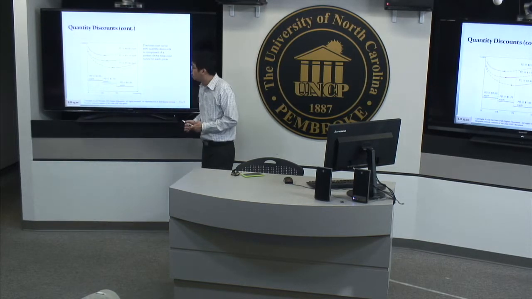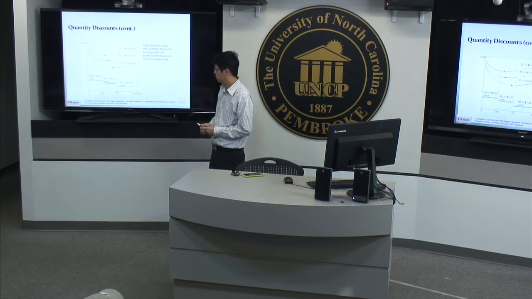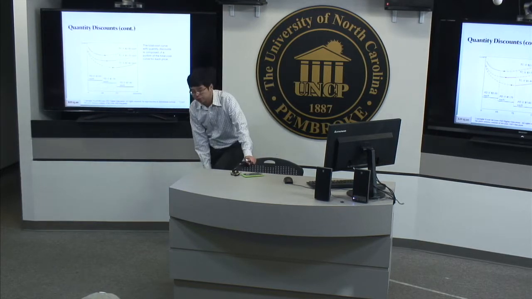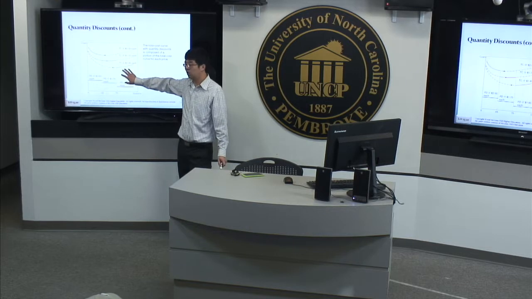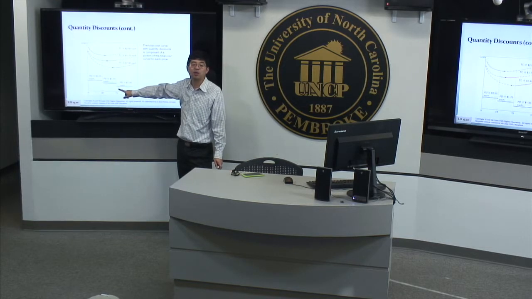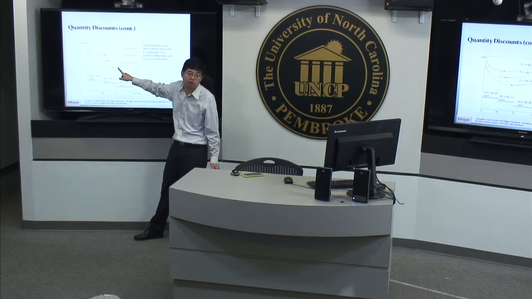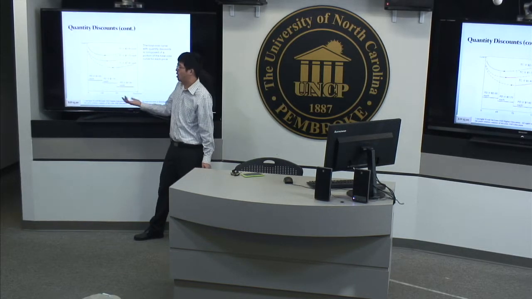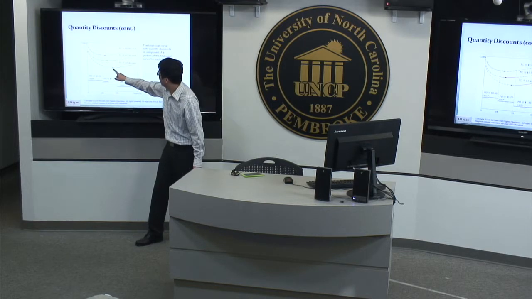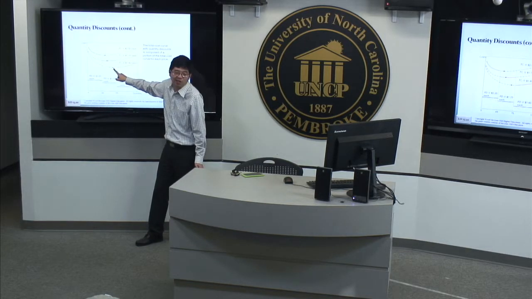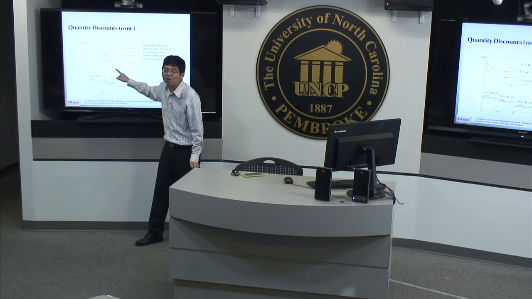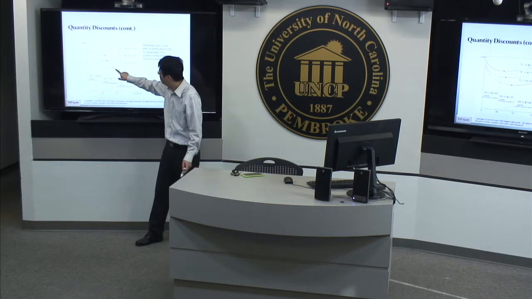What is your optimal ordering point, the optimal order level Q? Anybody can tell me? 70. Very good. Because if you look at these three lines together, we want to find the lowest total cost, which is at 70. Some students may think the optimal value is here, like 6-something, for this curve, but it can never be reached, because that's only on paper.